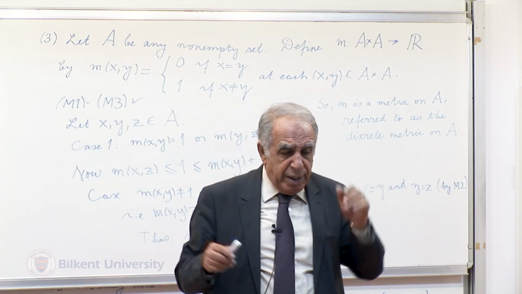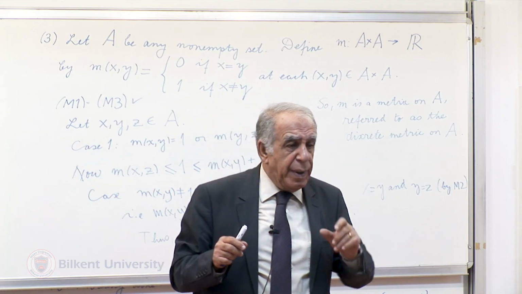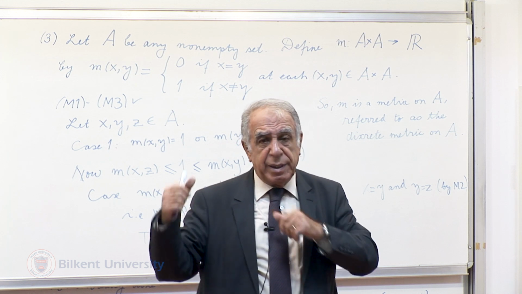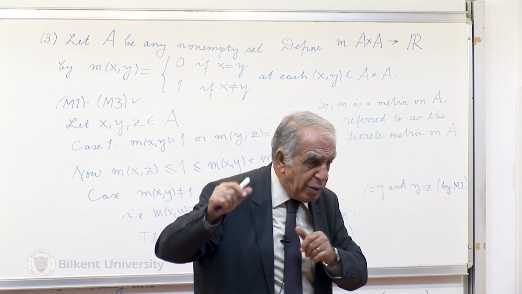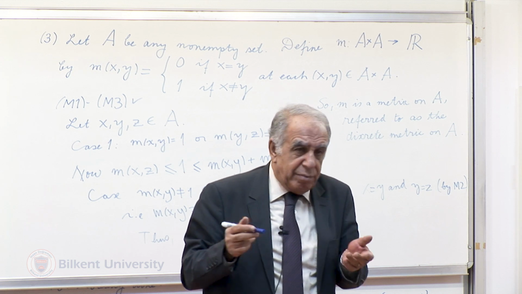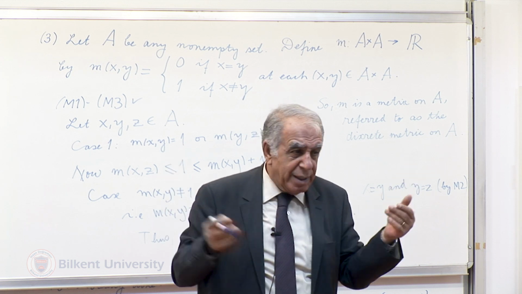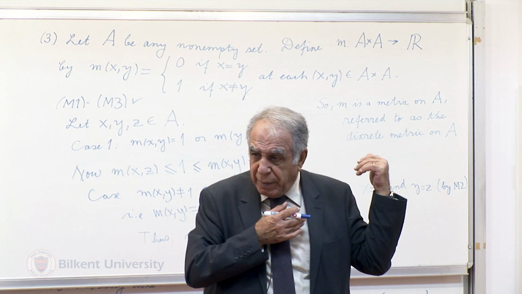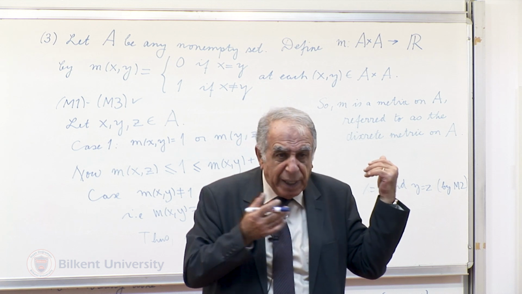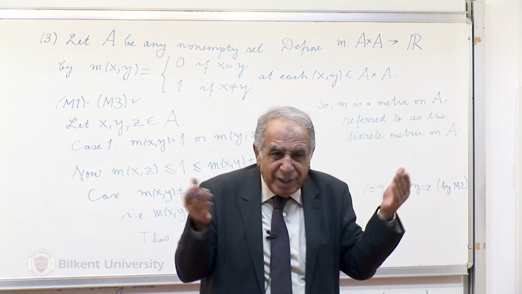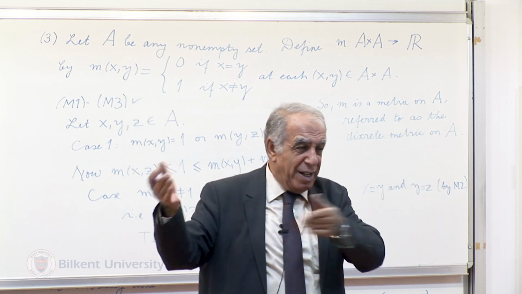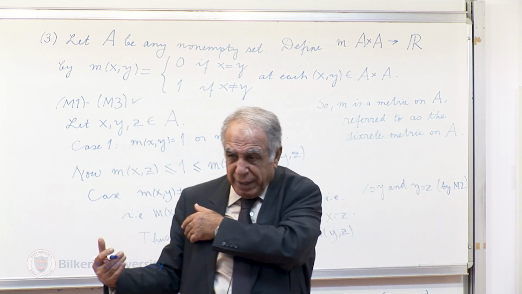In general, whether a metric can be induced by some norm, we know that's not the case, because the set we start with need not have a real vector space structure, so there is no norm which induces the metric.